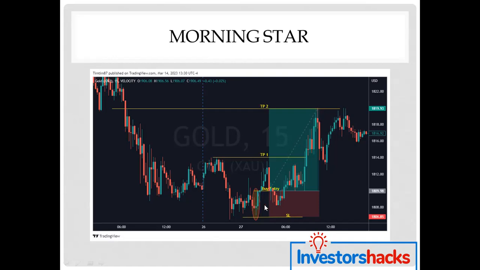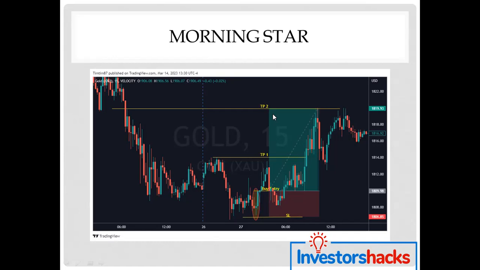So how do you trade them? At the end of that bullish candlestick that you can see, that should be your buy entry, and your stop loss should be slightly below the wick of the middle candle, or the second candlestick. That is where you have your stop loss.